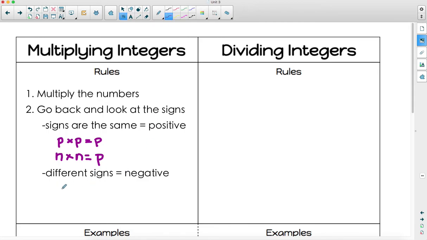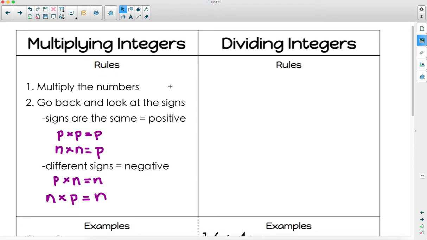I could have a positive number times a negative number, and since they're different, it's going to equal a negative. Or my negative number could come first, and I could have a negative number times a positive number equals a negative. I do think this is much simpler because you're just multiplying and dividing like you normally know how, and then you just go back and look at the signs.